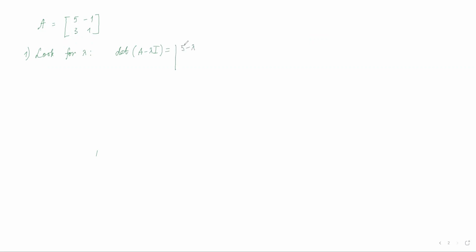5 minus lambda. I'm taking lambda away from diagonal elements only. 1 minus lambda. And in the 2 by 2 case, the determinant is easy to calculate. In our case, that's going to be 5 minus lambda times 1 minus lambda plus 3, right? We multiply these diagonal terms and minus 3 by -1, which is plus 3, equals 0.